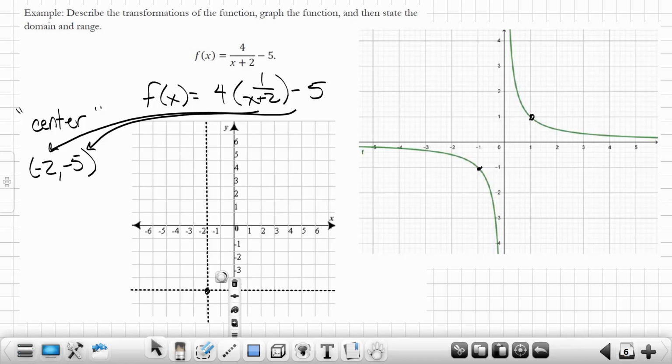I'm going to vertically stretch by 4, which means from this dot I'm going to go up 4 over 1. I'll let you guys get that dot in there. From the center here, I went over 1, up 4 from it.